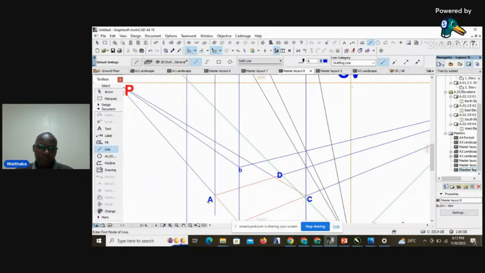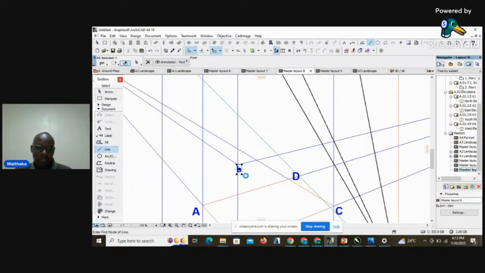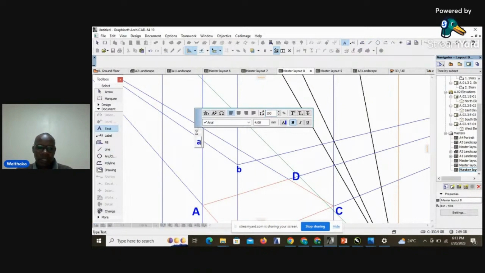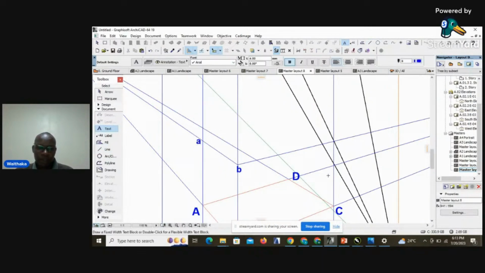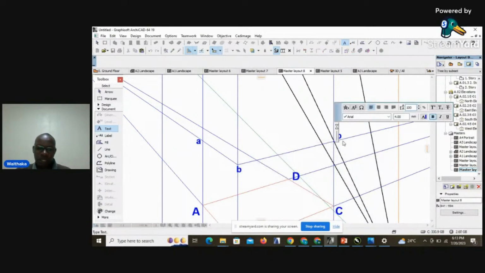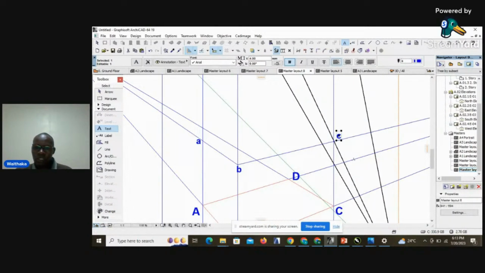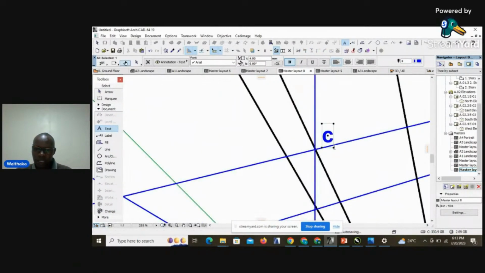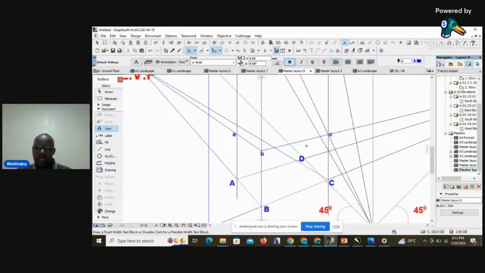So we've already established point A. So we give this as point a, and then this point is above point C, denoting it with small c. That will be point c. We can just put it a little bit closer for us to be able to see. Therefore, we have point c, we have point a.